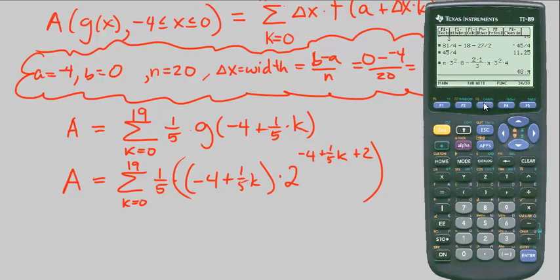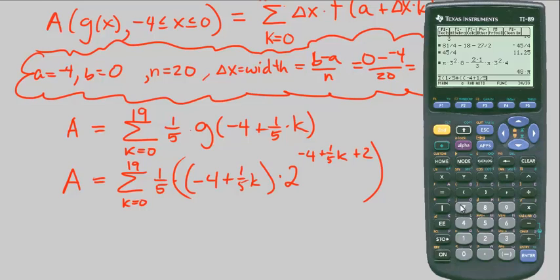Let's use our graphing calculator to calculate this for us. So we go F3 to calculate, and now we go to 4 to get the sum. Our expression is going to be 1/5 times, and then in parentheses another parentheses, copying exactly as it is here: -4 plus 1/5 k.